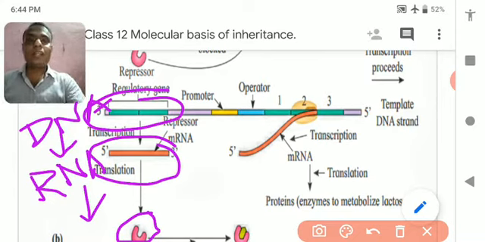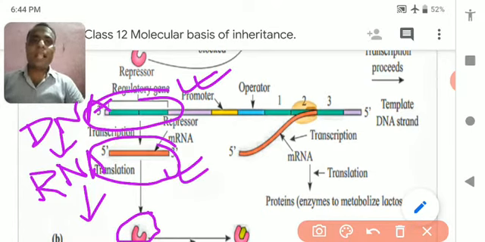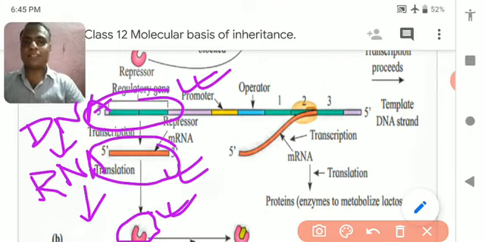So regulatory genes produce a particular kind of mRNA, and this mRNA produces a repressor. But there is an inducer. This yellow colored thing that you are seeing over here is an inducer, that is lactose, and the lactose binds the repressor, or repressin.